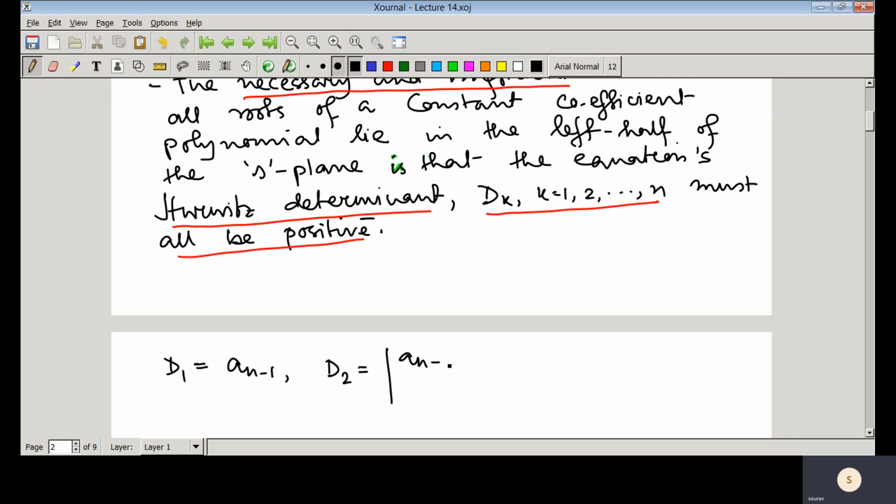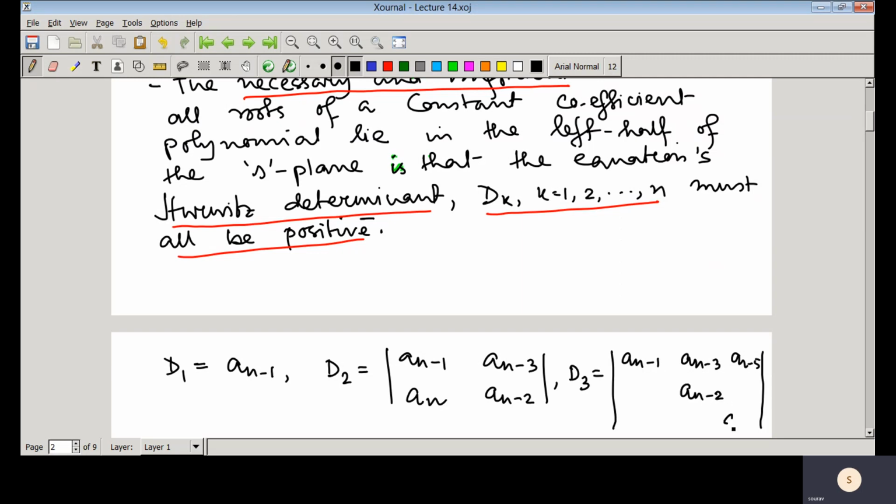So those determinants are called Hurwitz determinants. a(n-3), and here an and a(n-2), then D3, this is a 3 cross 3 matrix, that is a(n-3), a(n-5), and here in the diagonal a(n-1), a(n-2), a(n-3), here a(n-4), here you have an, and here 0, a(n-1).